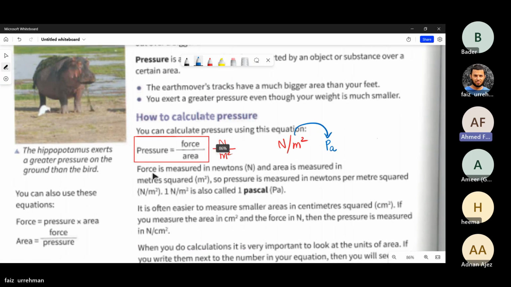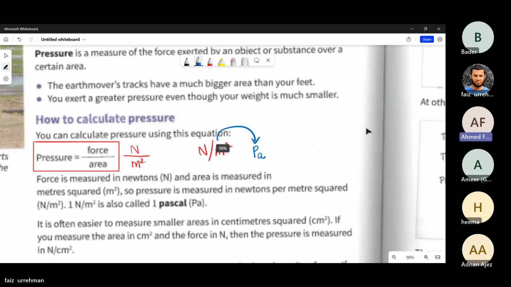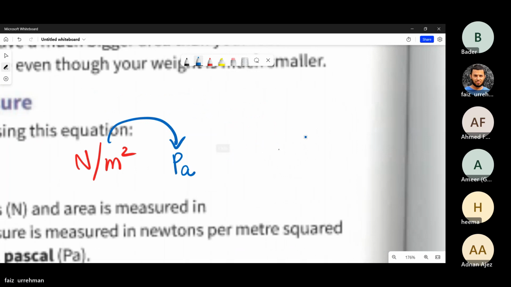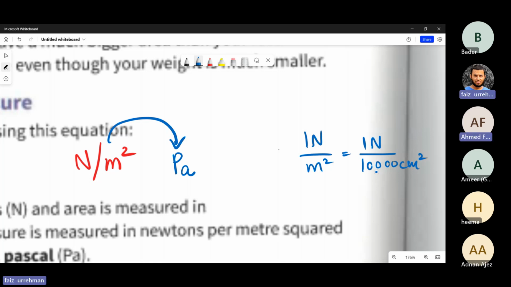1 Newton per meter square, which is what? 1 meter square is how many centimeters square? 10,000 centimeters square, yes.